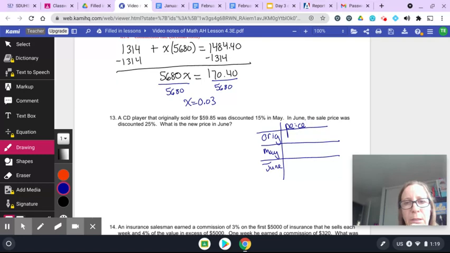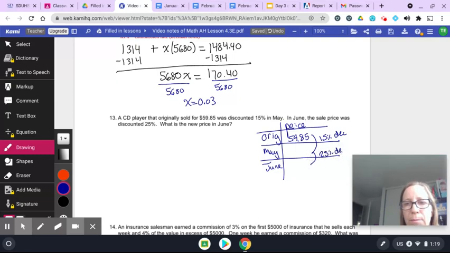A CD that originally cost $59.85 was discounted 15%. Decrease.